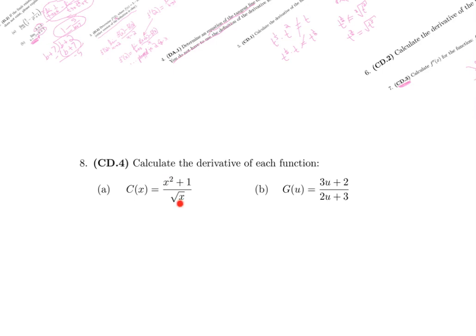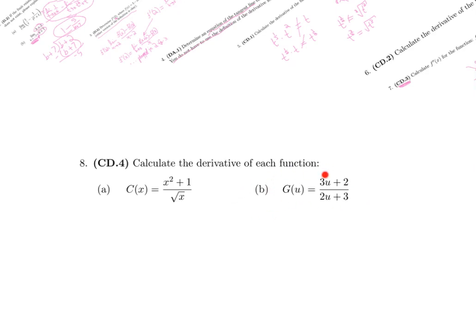Some of you used the fact that it could be x squared over square root of x plus 1 over square root of x, and then rewrite things in terms of fractional exponents. That's totally fine. I strongly encourage doing things in an easier way if you can find an easier way to do something. For part B, though, you couldn't really avoid using the quotient rule.